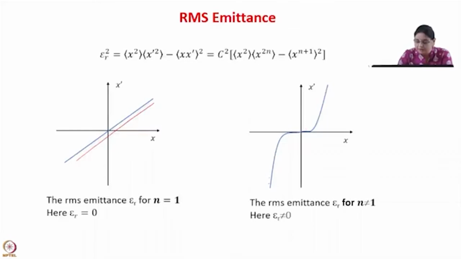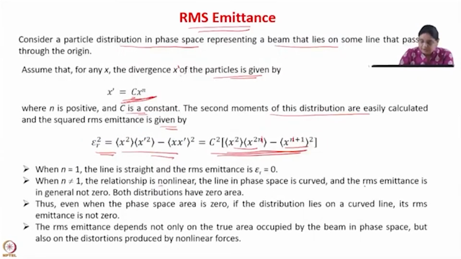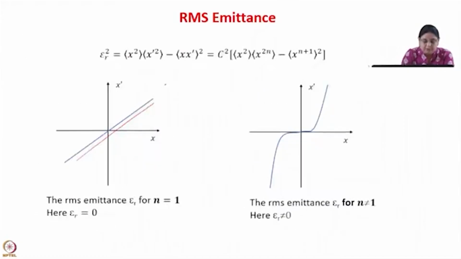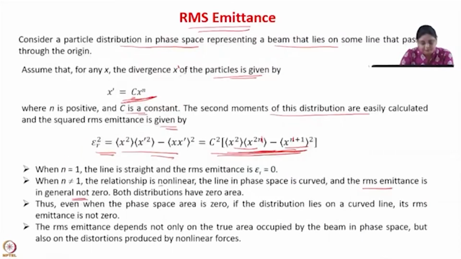You could have a relationship between x prime and x which is like this. Now if you see the RMS emittance, you put n not equal to 1 here. The RMS emittance is in general not equal to 0. But if you see the area of both the distributions, for n equal to 1 and n not equal to 1, the area inside is 0. So the total emittance is 0, whereas the RMS emittance is 0 in the first case and not 0 in the second case.